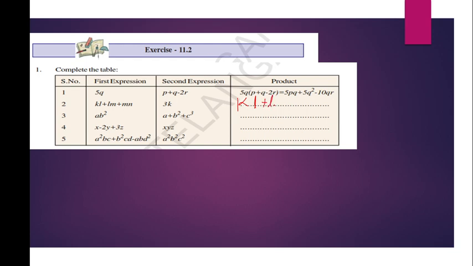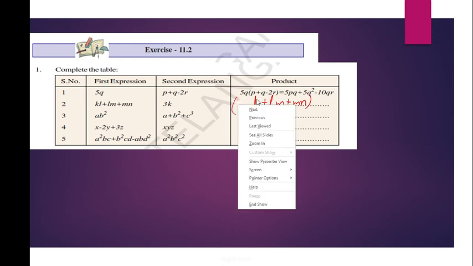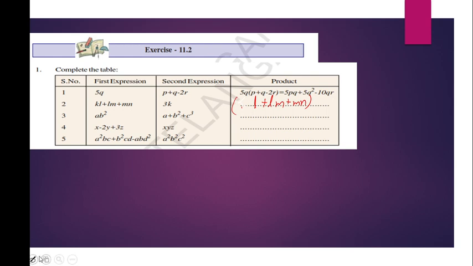KL plus LM plus MN into, now what is the second one? I'll do this here. KL plus LM plus MN into 3k. Now multiply this inside.